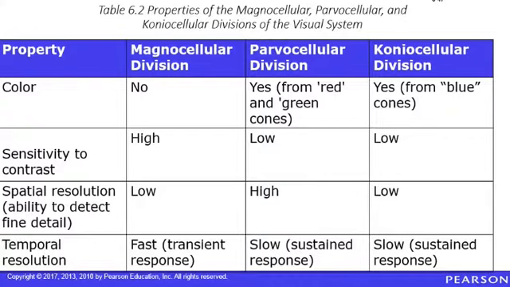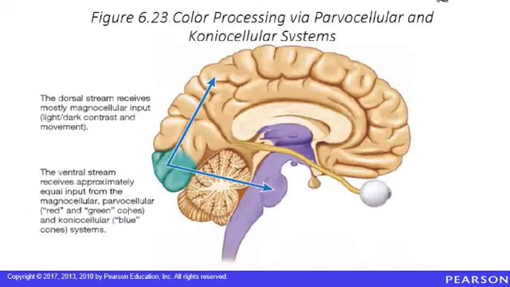Magnocellular layer is very sensitive to contrast, whereas the other two layers aren't. The fine detail is more a feature of the parvocellular layer as opposed to the other two. And then the temporal resolution, or the response, is very fast for the magnocellular layer and slower and more sustained for the parvocellular and koniocellular layers.